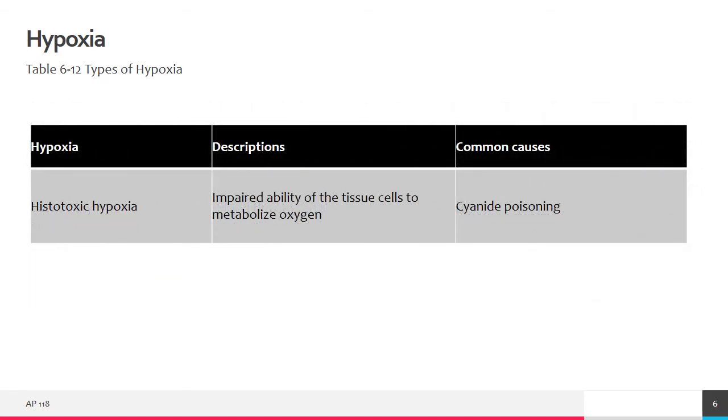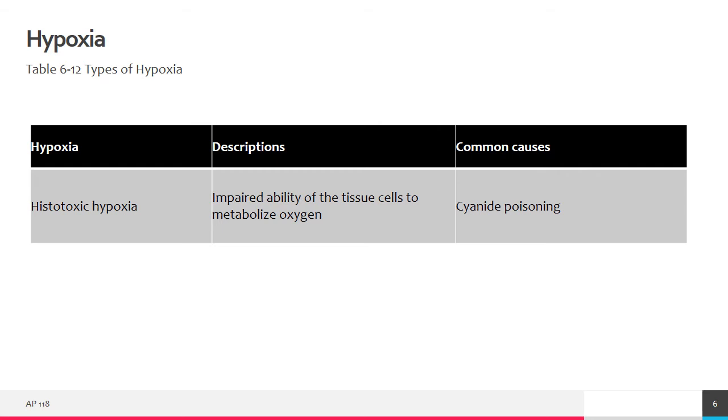The next type of hypoxia that we'll talk about is histotoxic hypoxia. Histotoxic hypoxia develops in any condition that impairs or disrupts the ability of tissue cells to utilize oxygen. Cyanide poison produces this form of hypoxia.